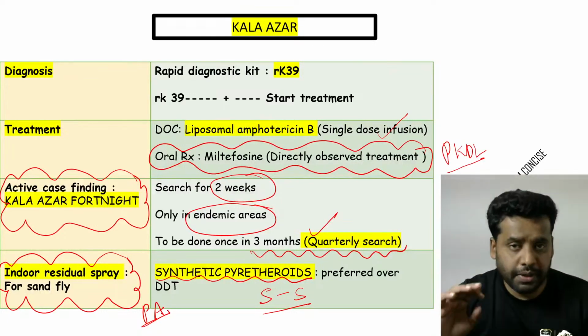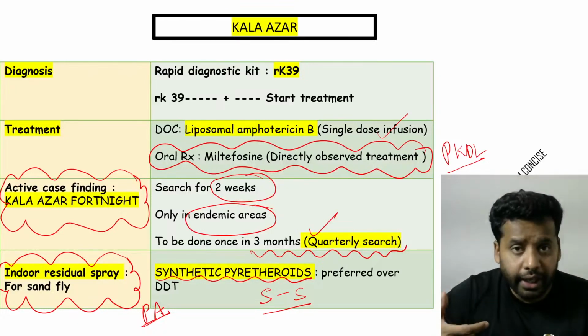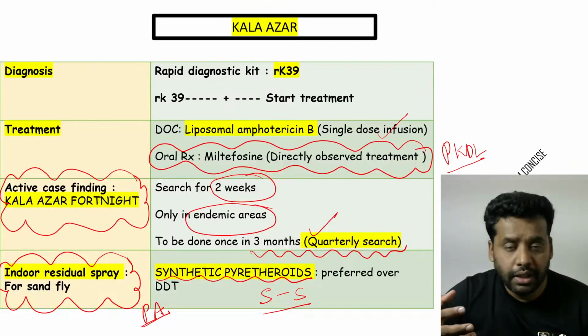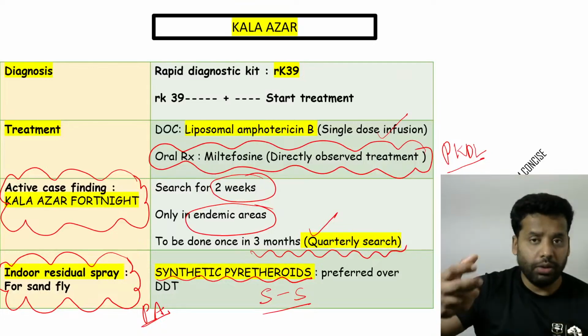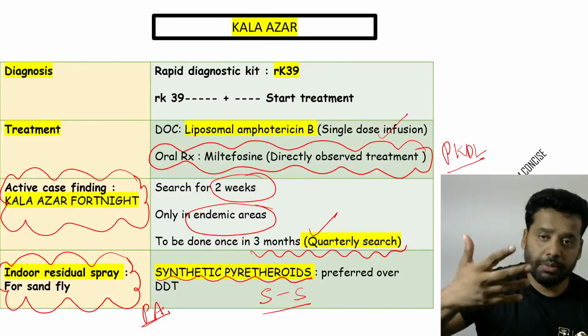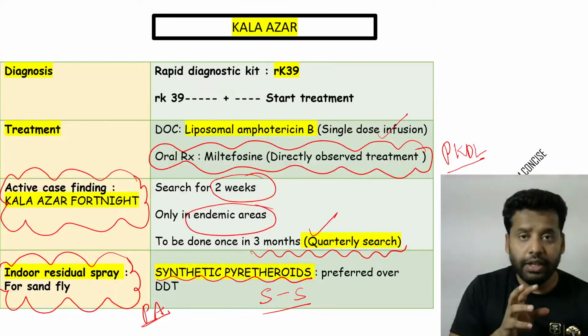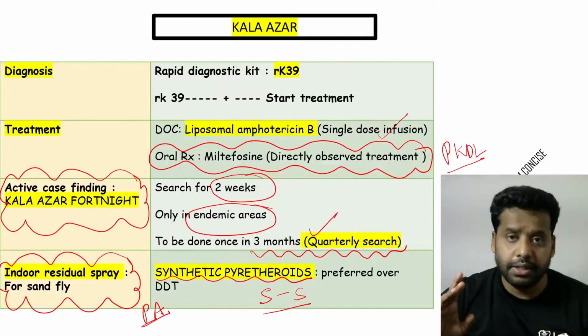It has shown some resistance to DDT now. That is why, when you go to rural areas, in cattle sheds where you see crevices and holes, they do some sprays. That is indoor residual spray. What is the insecticide used? Synthetic pyrethroids. These are the questions on Kala Azar.